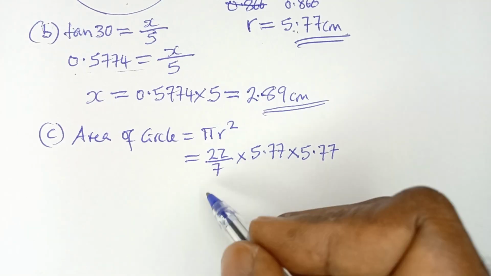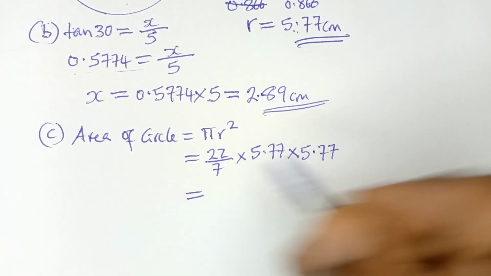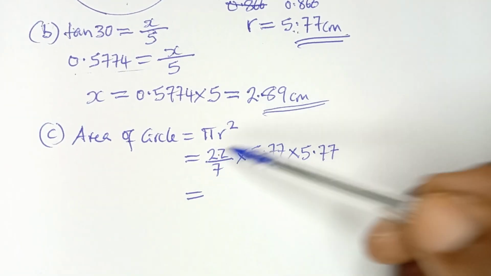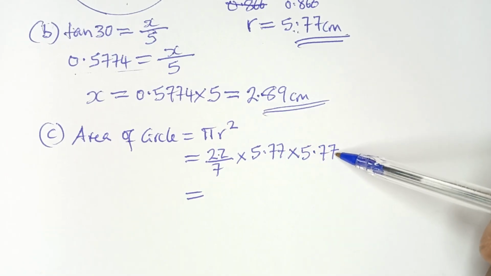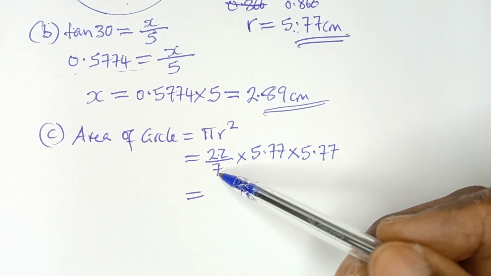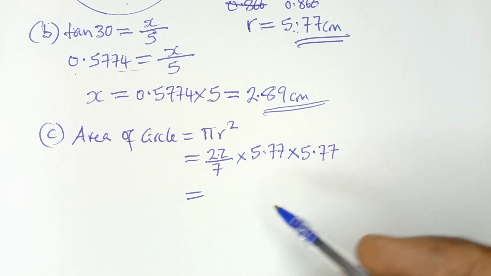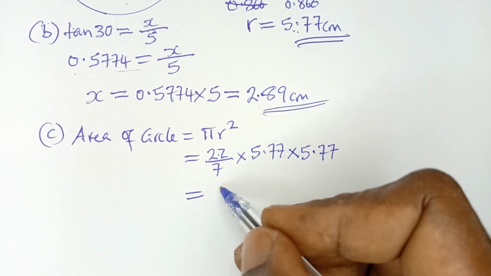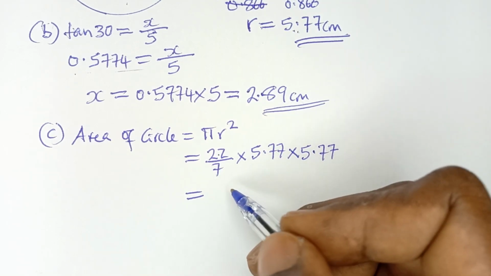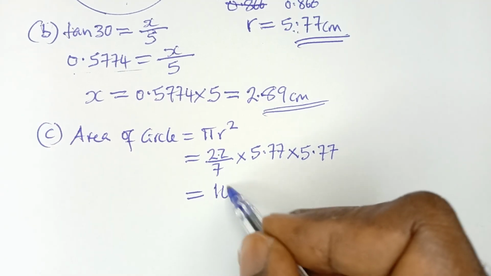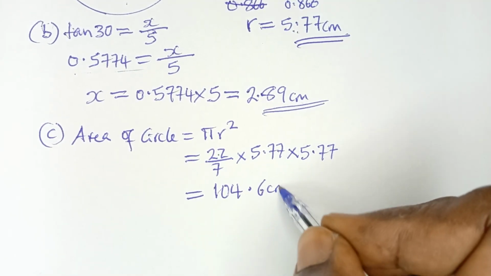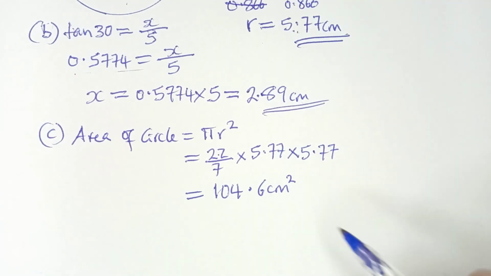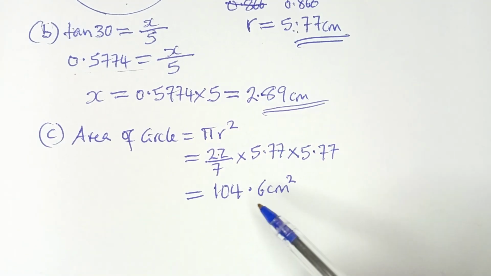So what that means is that we're going to multiply 22 by 5.77 by 5.77 and then divide by 7. And that will give us the area as 104.6 centimeters squared. So this is the area of the circle.